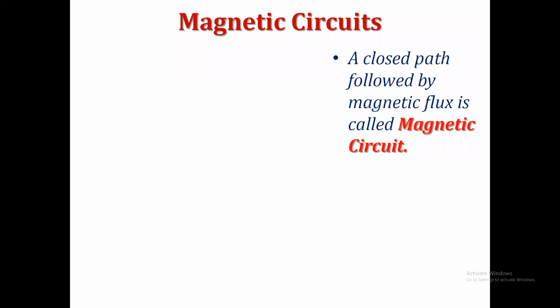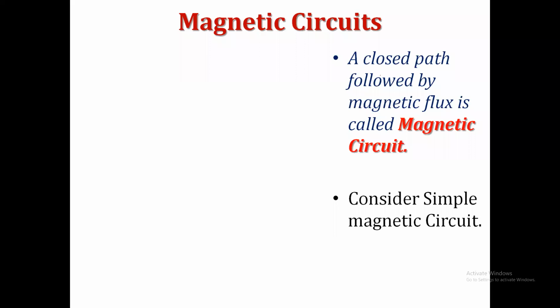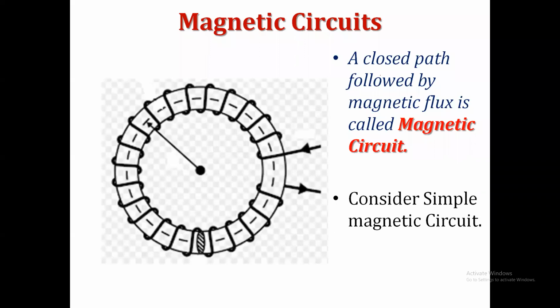And now see that a one simple magnetic circuit. Now this is a simple magnetic circuit. Let me try to explain what that is. Here I consider one iron rod, a circular iron rod in the form of a ring.